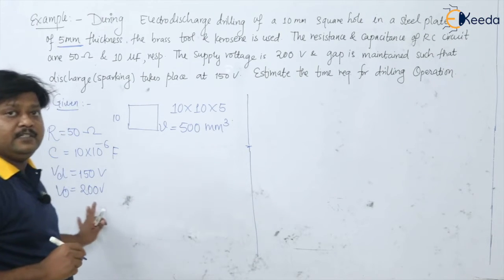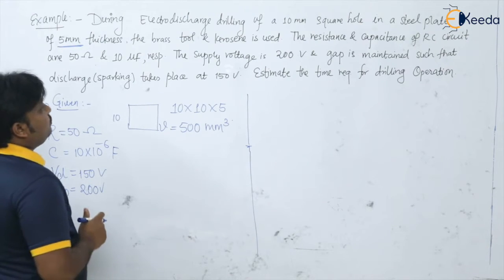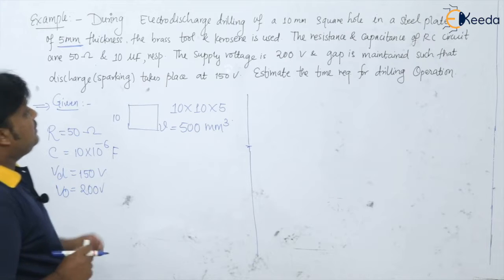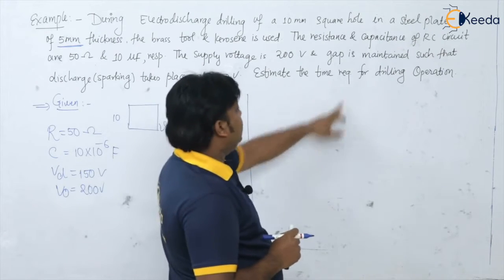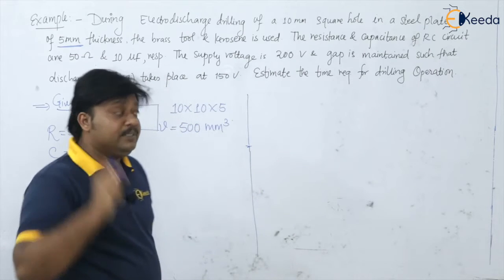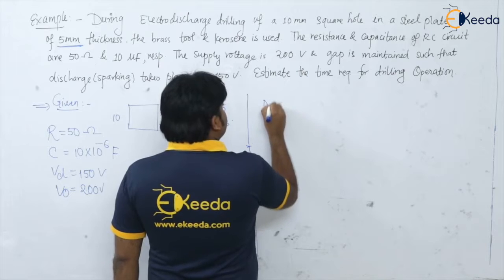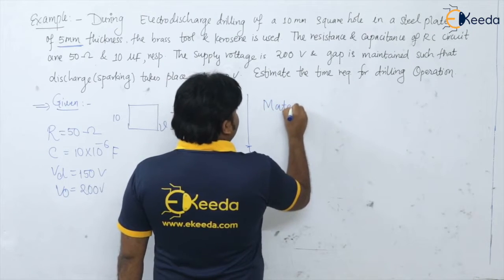So these are the given data. Now we know that to find out the time required for the drilling operation, see here, very simple basic thing, please keep it in mind. So here we are having the material removal rate.